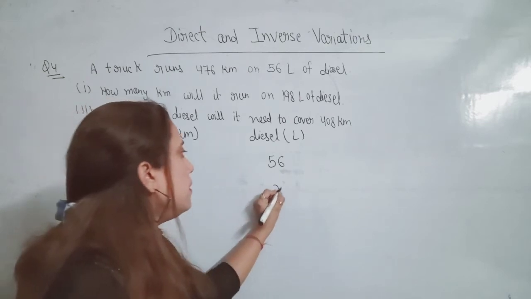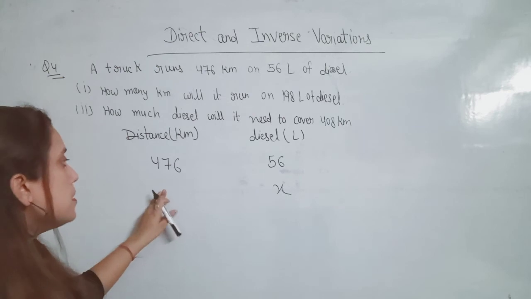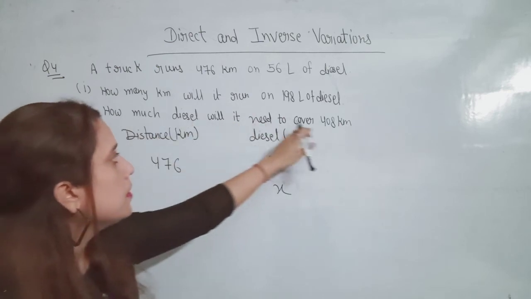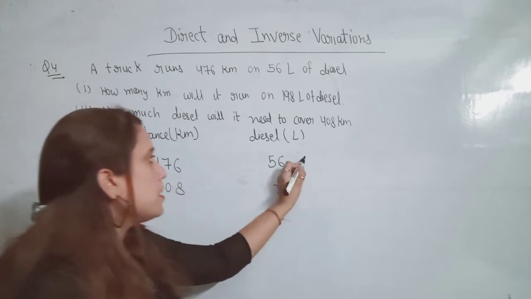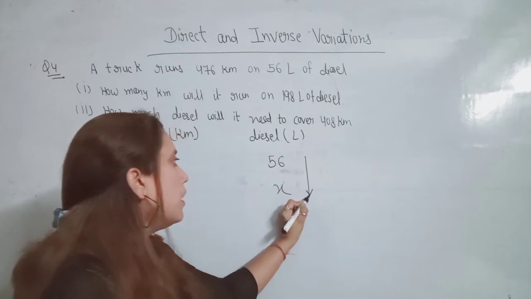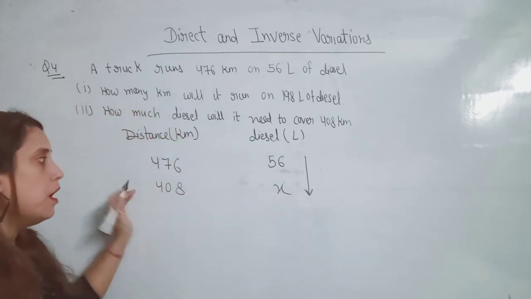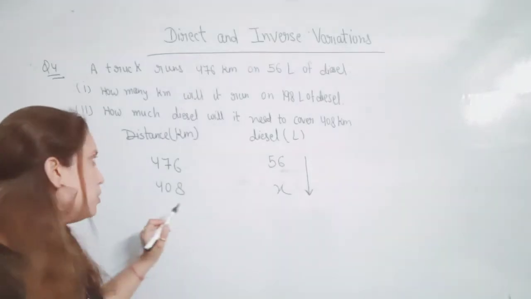Let the diesel be x liters, and the distance is 408 kilometers. By default, first the arrow will be in the direction of x, in each question. After that we will check whether it is direct variation or inverse variation.